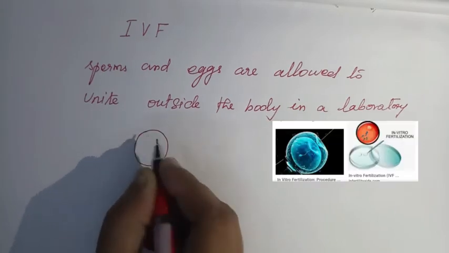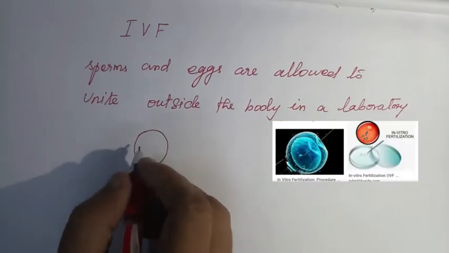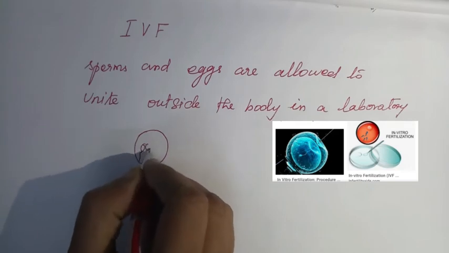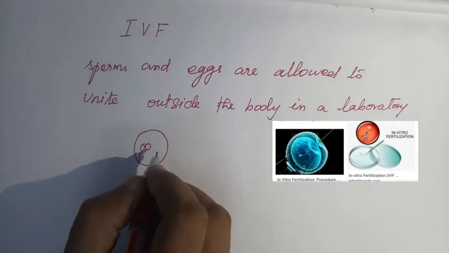Here, outside the body, that is in the laboratory, the sperm and ova are united together and fuse to form the zygote.